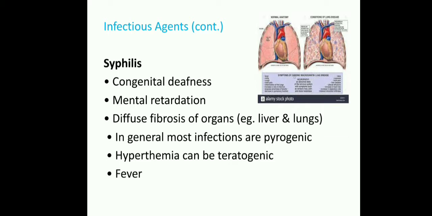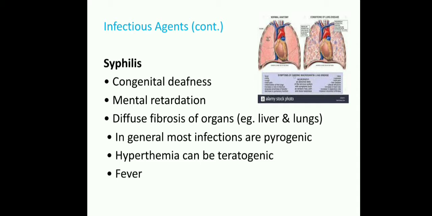And next infectious agent is syphilis. If the mother is suffering with syphilis, the baby suffers with congenital deafness, mental retardation, and diffuse fibrosis of organs like the liver and lungs. Look at this picture.